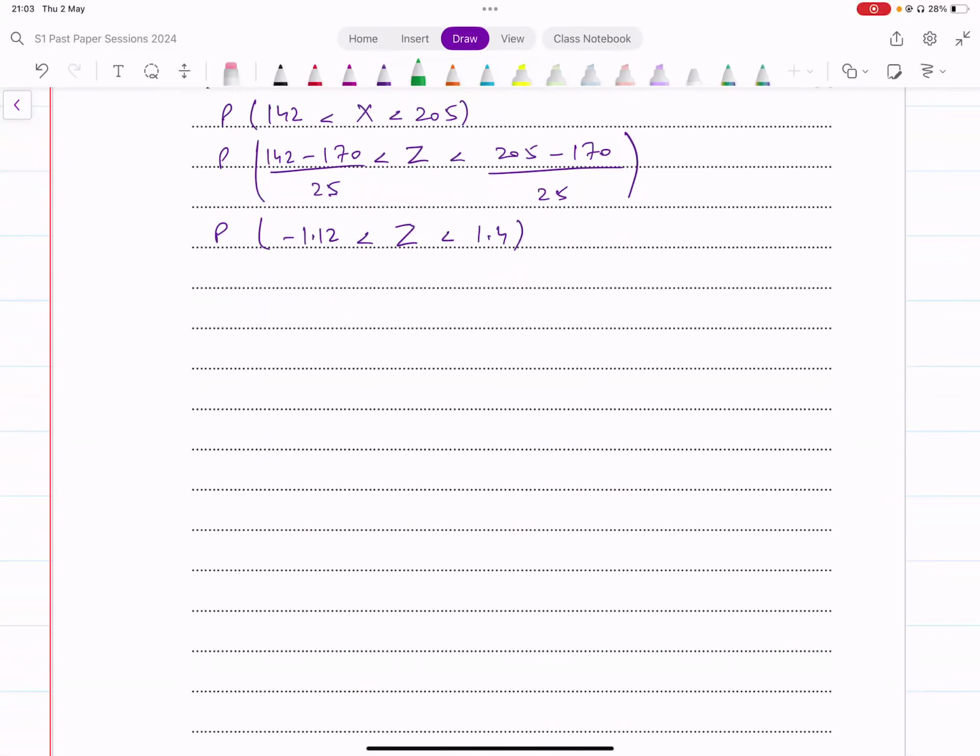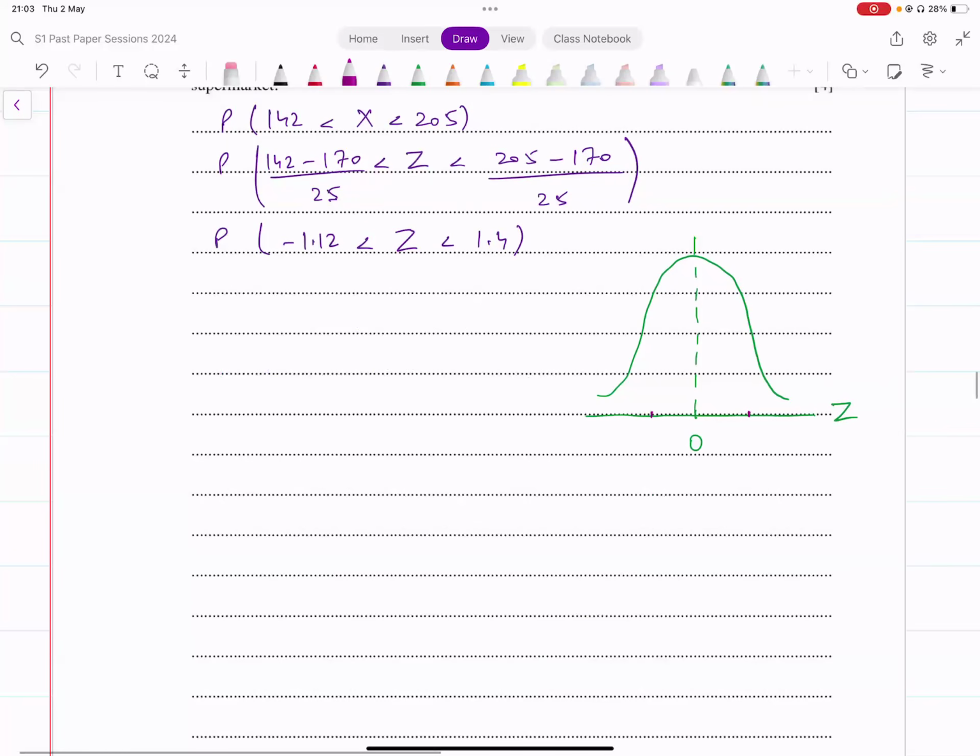How do we do that? Let's think of the normal distribution curve, how it's going to look like. This is what the normal distribution curve looks like, roughly. So you would draw a rough curve like this. And then you have 0 exactly in the middle. That's the mean of the Z distribution. 1.4 is going to be on the right side, and minus 1.12 is going to be on the left side.